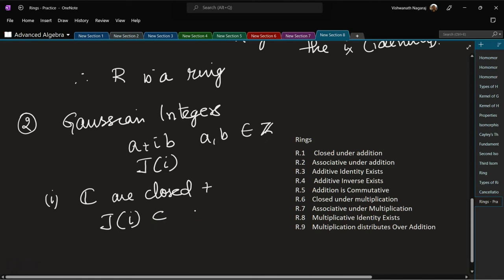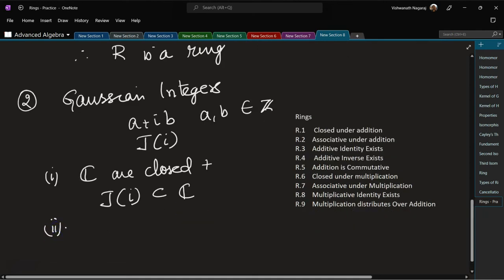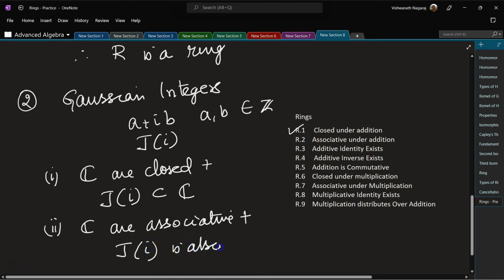So I should not put that. Proper subset of complex numbers. Okay, second one. So this is done. Associative under addition. So again, complex numbers are associative under addition. So therefore, Z[i] is also associative.